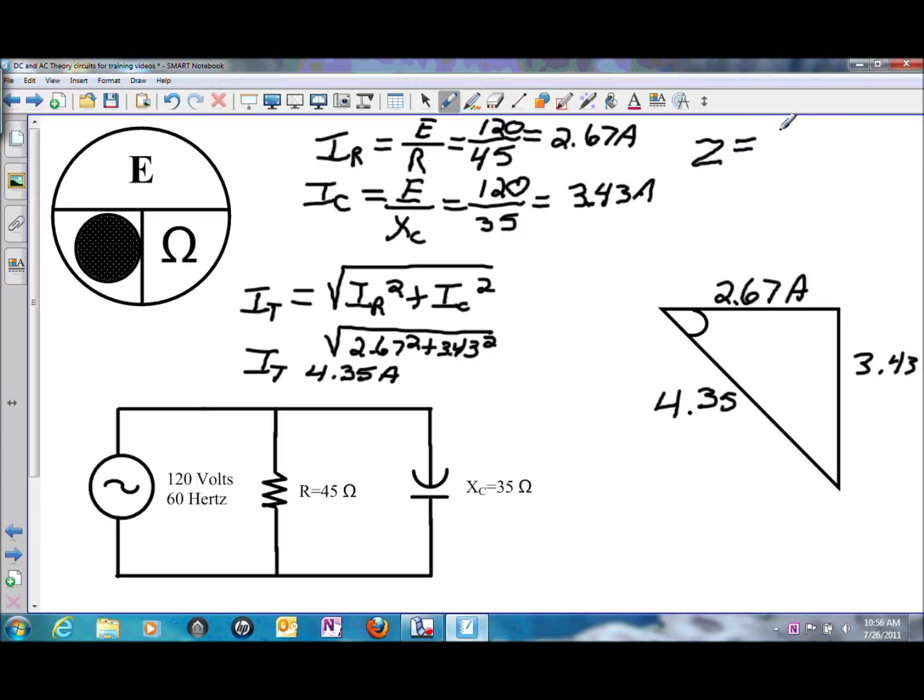So Z, which is your total opposition, will be E total divided by I total, 120 volts divided by 4.35 amps of current flow for the total. The impedance in this circuit is 27.58 ohms.